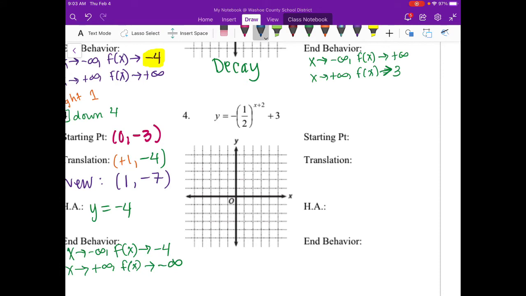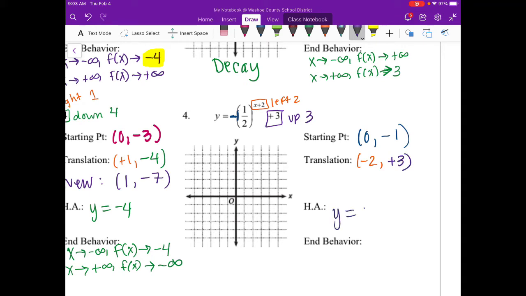And then you're going to have a lot of practice. So my starting point should be at 0, and then there's technically, remember that invisible 1, this time it's negative. So again, this negative is reflecting my either growth or decay, whatever that is. My translation here, I'm going left 2, so that's a minus 2, and up 3, so that's a plus 3.